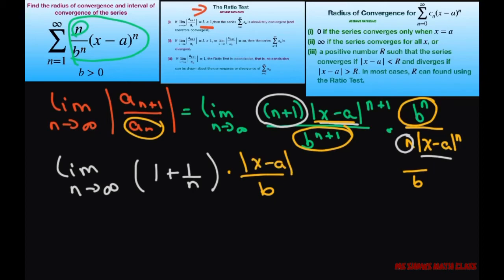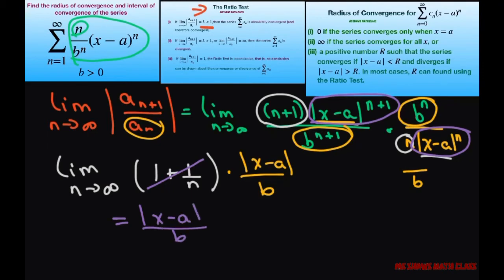That's because when you simplify these two using your quotient property, you're just going to get 1 because the n's will cancel. When you take the limit of this, the limit is just 1. So this is going to equal the absolute value of x minus a divided by b.